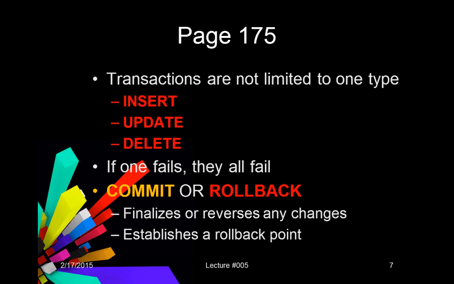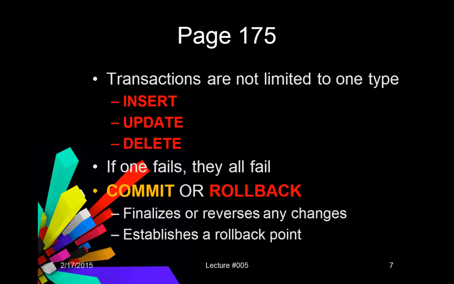The other thing it does, and when we do a commit, it creates within the background of Oracle a rollback point. And so we can go through, and if our database goes totally squirrely for some reason, or we run into a network failure during a major update or reading data in, we can always go back to the last commit that was created for that database and pick our database up from there.